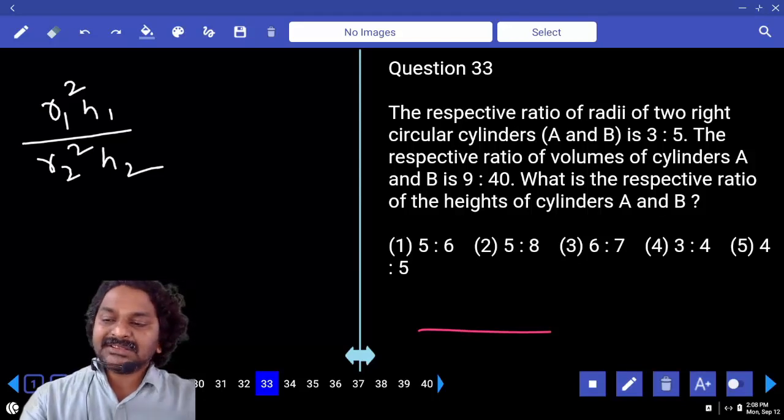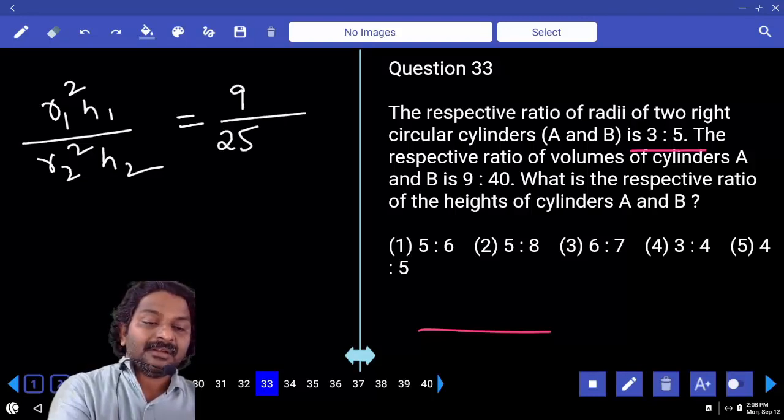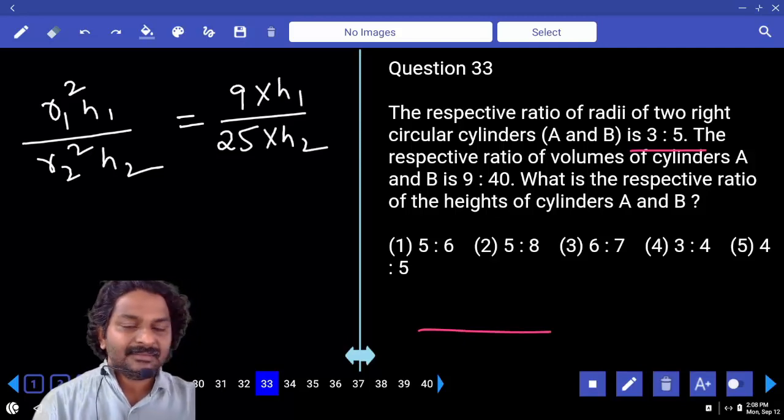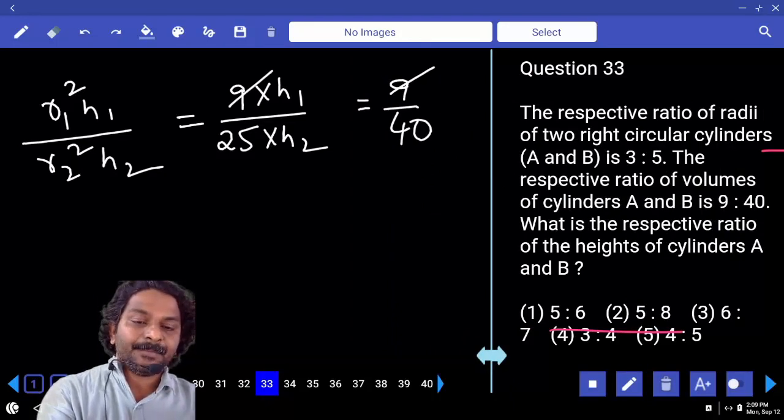And you know the radius ratio, how much is that? 3:5. r1 square 9, r2 square 25, h1 and h2. This is the volume ratio only, which is equal to 9:40. That I'll write as 9 by 40. 9 gets cancelled. 5 times 5, 8 times.